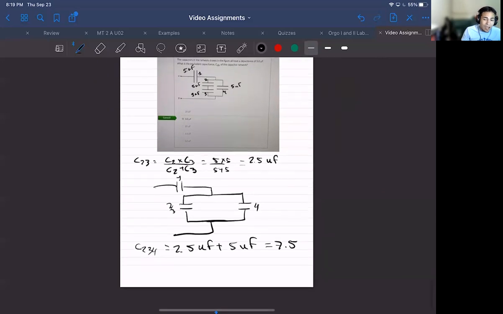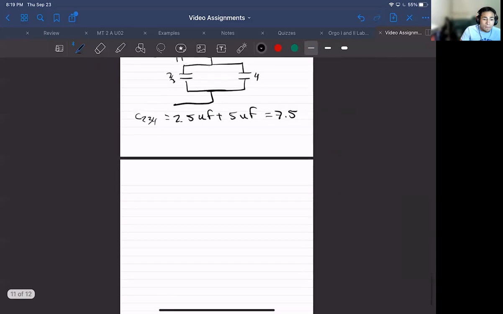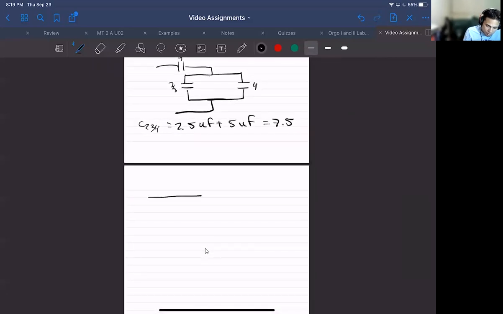Now, how is the picture going to look after we combine those, right? After we combine those two, we're going to end up with something like this, which is again a series of capacitors. And for a series of capacitors, we do the same thing. The equivalent capacitance is going to be the multiplication of those two divided by the addition of them.